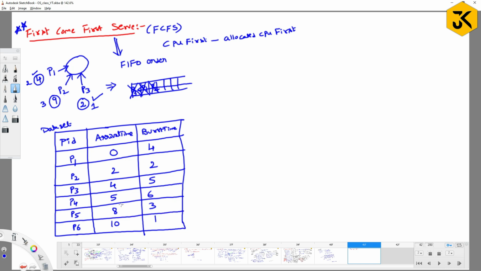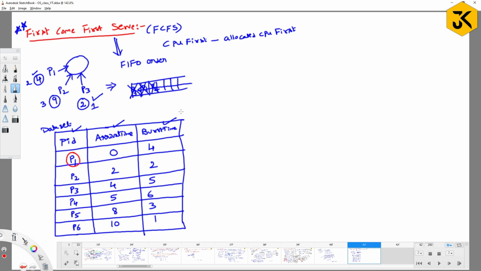This is the data set given with process ID. Arrival time means the time at which the process has entered the ready state. Burst time means the time for which it requests the CPU. For example, P1 is the process ID for process 1, whose arrival is at 0 and it requires the CPU for 4 units of time.